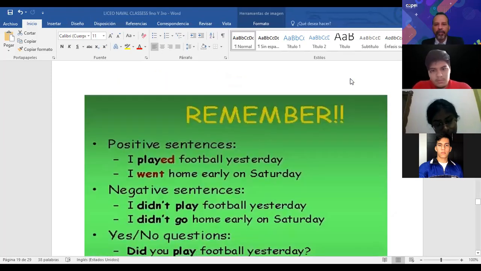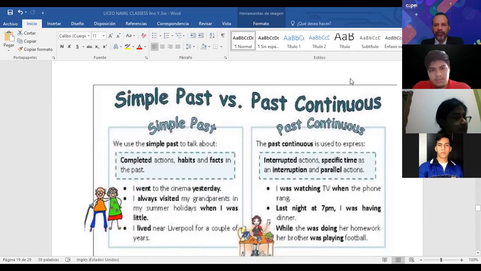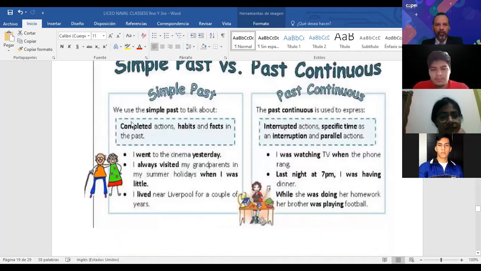Now let's continue with past continuous. Diana, please. Here we have simple past versus past continuous. Simple past, Diana. We use simple past to talk about completed actions, habits, and facts in the past. For example, I went to the cinema yesterday.